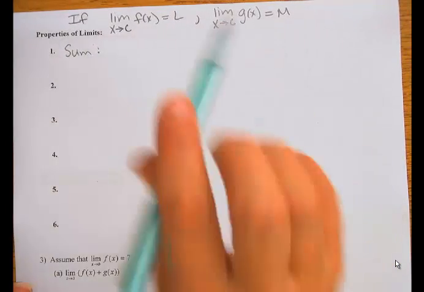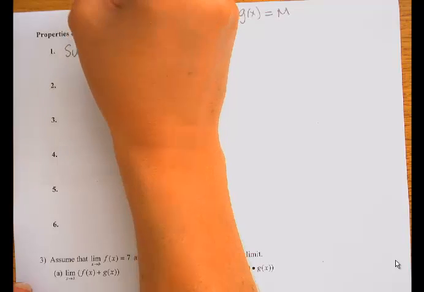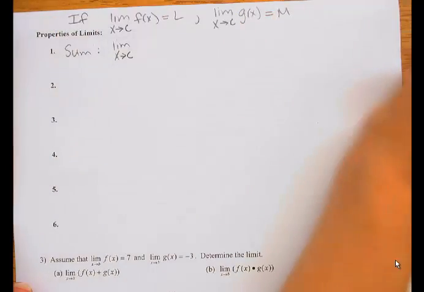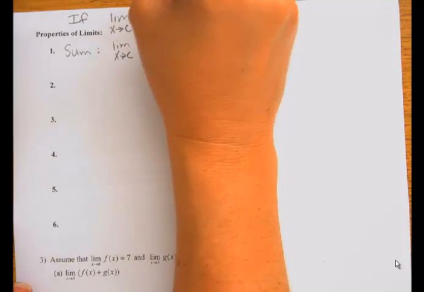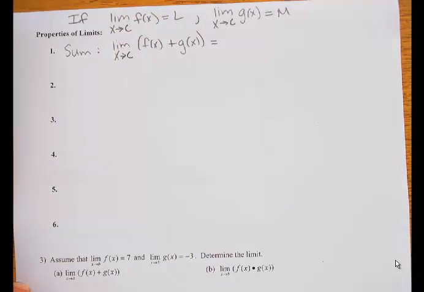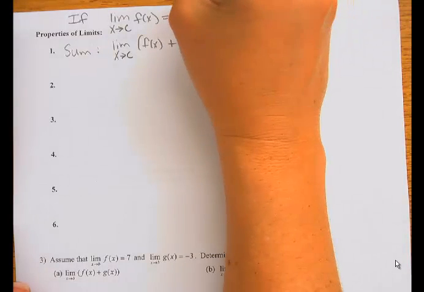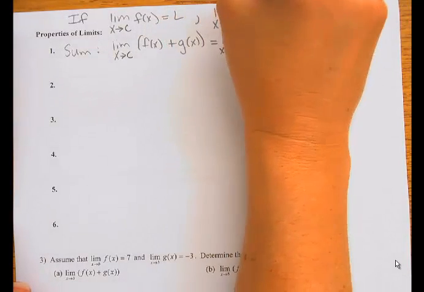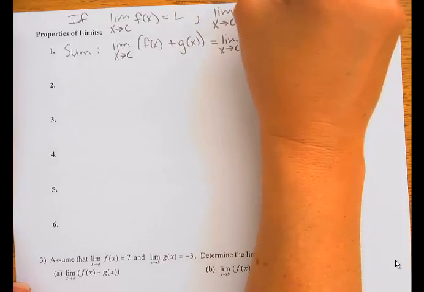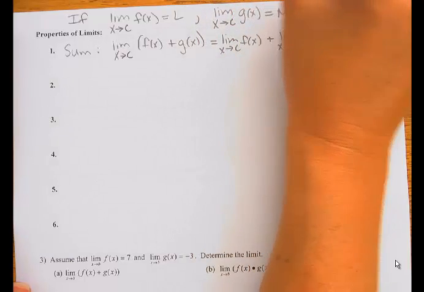So if these are true, and I wanted to find the limit as x was approaching c of the sum of the functions f and g, well, what this property says is that I could find those limits separately and then add those limits together.